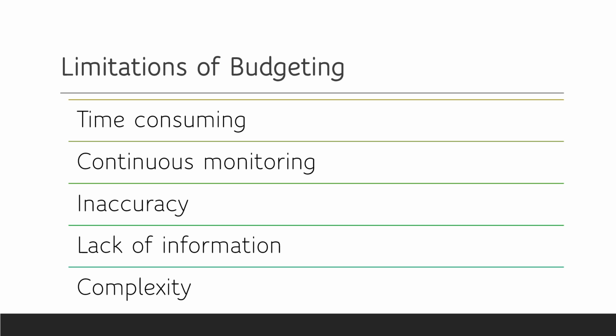If key information is missing or incomplete, it can result in incomplete or inaccurate budgets. Last but not least, complexity, because the budgeting process can become complex, especially in a large organization with multiple departments and various operations. So managing and coordinating all aspects of the budgeting can be challenging and prone to error.